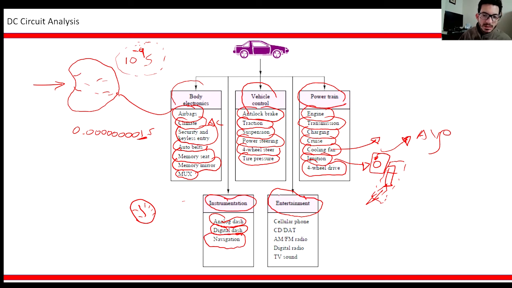The entertainment, which we talked about earlier, so being able to connect to your phone, the music that you want to play, the radio stations, is it digital radio, if you can play movies, etc. So these are common parts for modern cars.